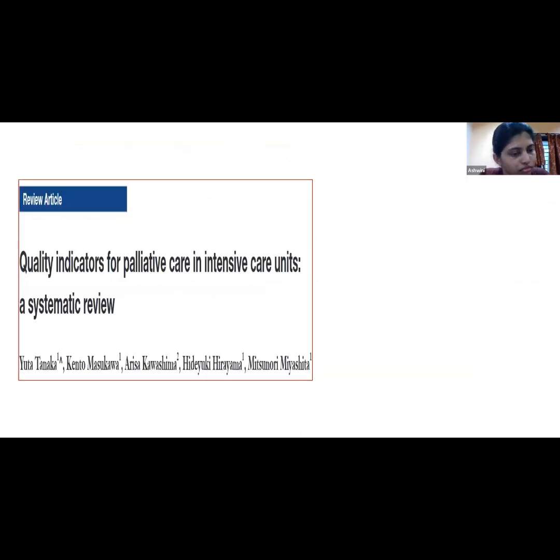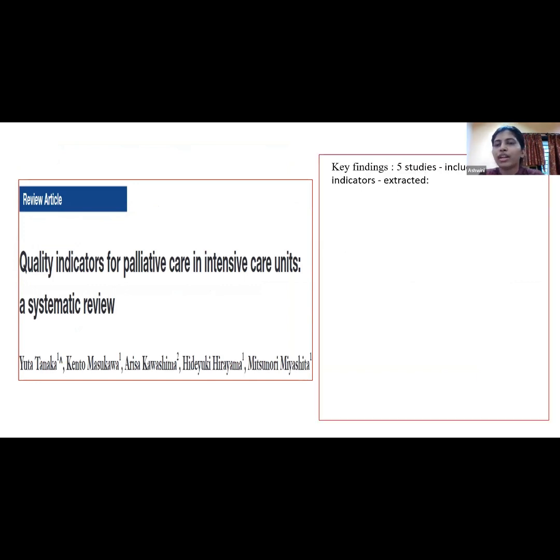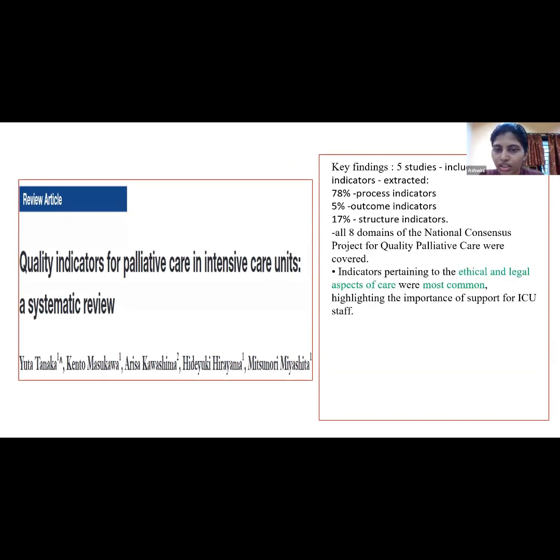And a paper by Yuta Tanaka, the topic of which was quality indicators for palliative care in intensive care units, a systematic review. In the key findings, 5 studies were included and 109 indicators were extracted. 78% were process indicators, 5% outcome, and 17% structure indicators, and together these covered all 8 domains of the National Consensus Project for Quality Palliative Care.